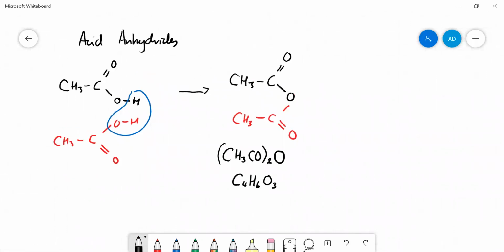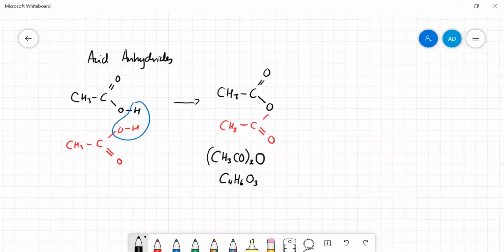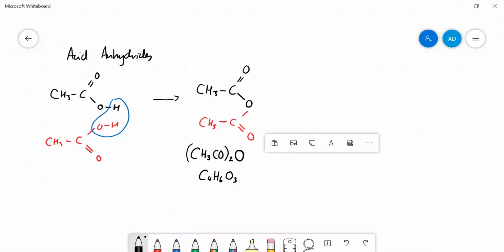The mechanism of acid anhydrides reacting with alcohols is exactly the same as with carboxylic acids or with acyl chlorides. The only difference is that instead of the Cl minus dropping off or the OH minus dropping off, this bit will drop off as the ethanoate ion. The exam board has said that they won't ask you to draw mechanisms with acid anhydrides.